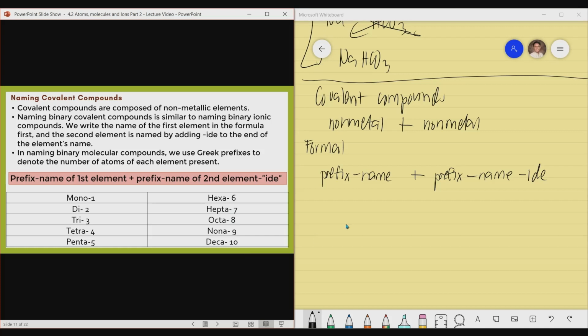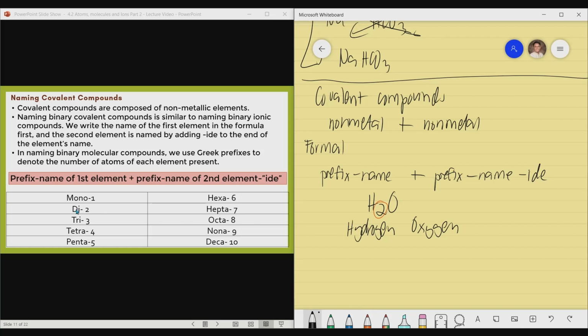For example, meron ka ditong H2O. So, ang una mong element ay hydrogen. Ang pangalawa mong element ay oxygen. Itong prefix po, paano mo malalaman kung anong prefix gagamitin mo? Tignan mo itong bilang ng atoms, itong subscript. Si H may dalawa, H2.